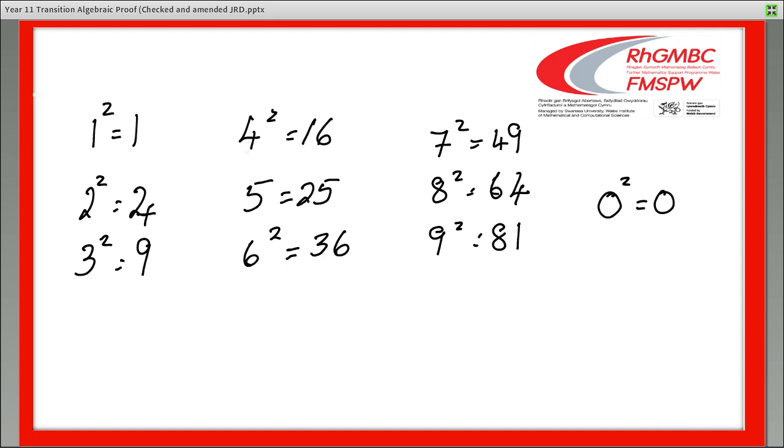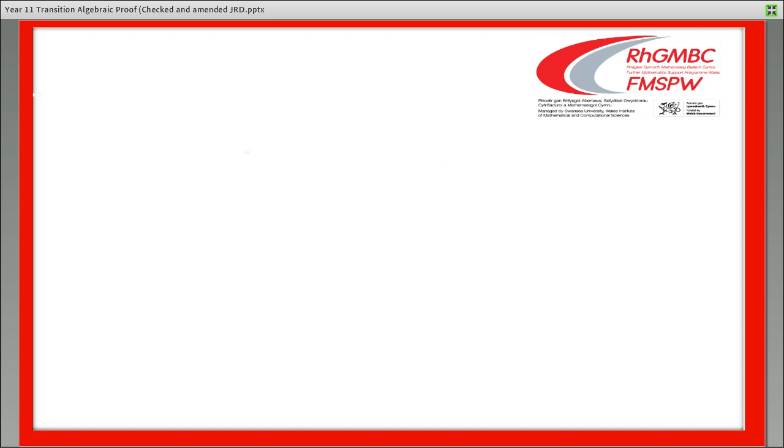Now, for the second part, it said, what about double-digit numbers? So, as far as that one is concerned, what we need to do is say, let the number equal AB.